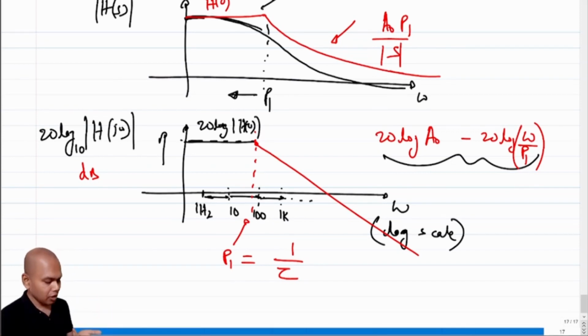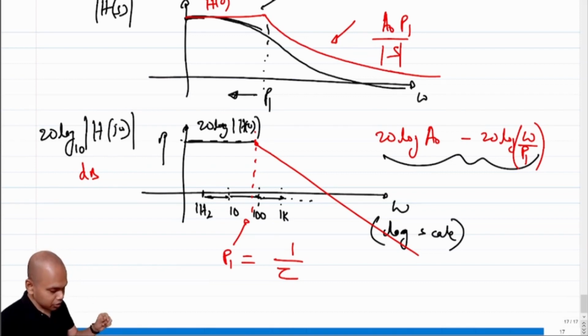What will be the output? The Bode approximation is telling us the Bode plot will be flat till we hit the first pole. What will be the value of the flat portion?